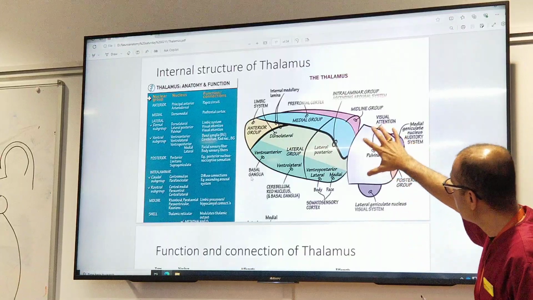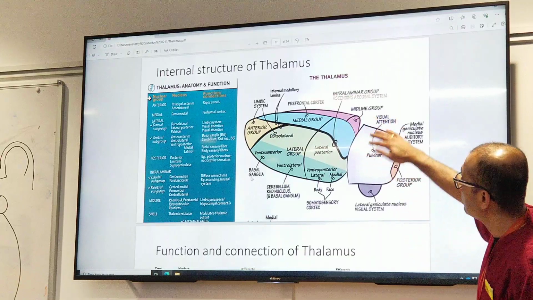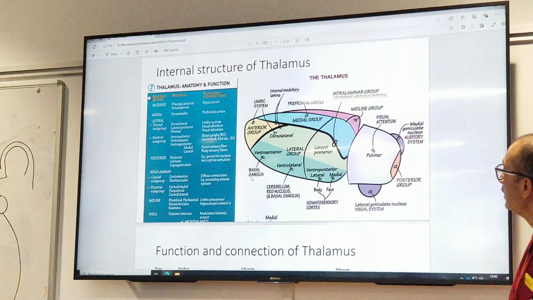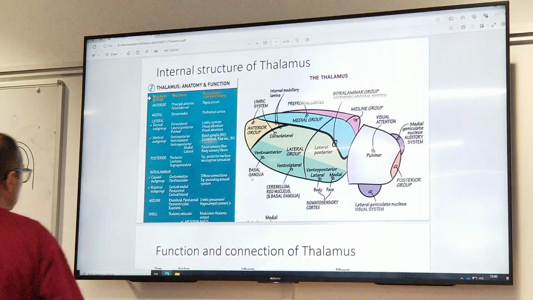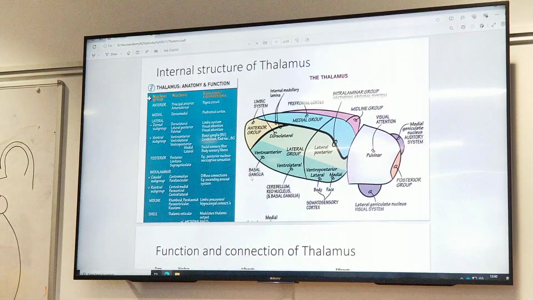So all this information is coordinated here, and it has got an important role in visual attention. So that's what you need to know about thalamus as a whole, the function. So that's the most important thing.